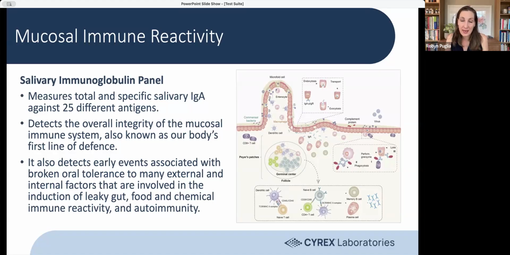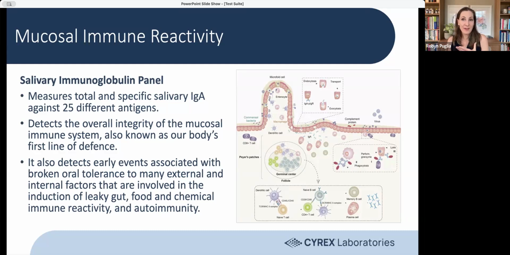And so we see markers in the mucosal responses earlier than we see them in the systemic responses, but they are also independent. So sometimes we will see them in the earliest state of reactivity in the mucosal immune system before they are established in the systemic immune system.